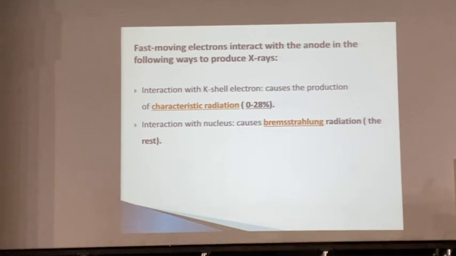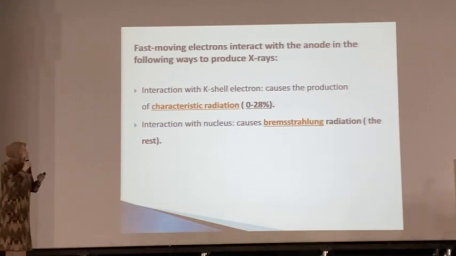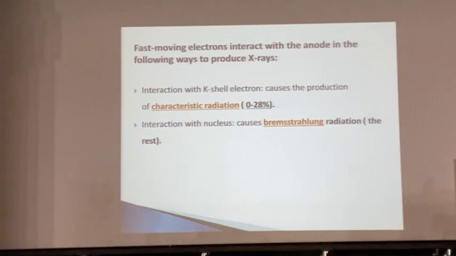This is the minority, used mainly in mammography, X-ray of the breast. The main bulk is from the interaction of the electron with the nucleus of the anode. This is called bremsstrahlung radiation, which is the main bulk of the X-ray produced by the X-ray tube.